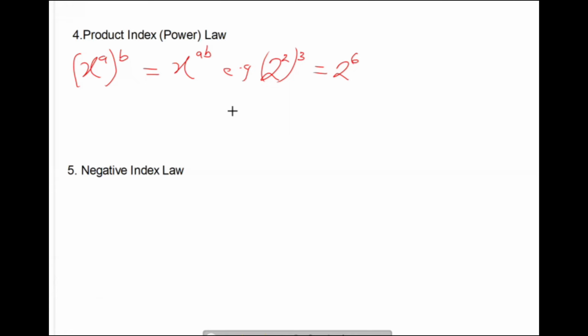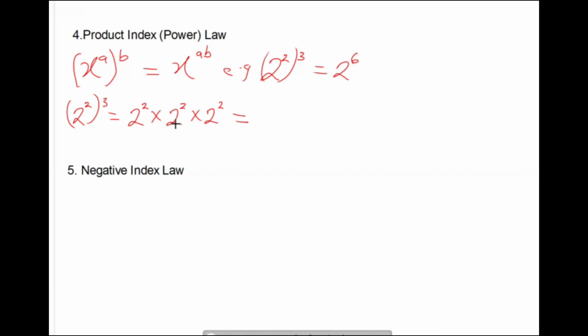Now, if you want to go to our conventional way, what we are saying is 2 to the power of 2 or to the power of 3. What does it mean? That means we should write 2 to the power of 2 three times. We are saying 2 raised to the power of 2 times 2 raised to the power of 2 times 2 raised to the power of 2. That's what it means. And now if you look at this, you can say it's also a multiplication law because these three have the same base.